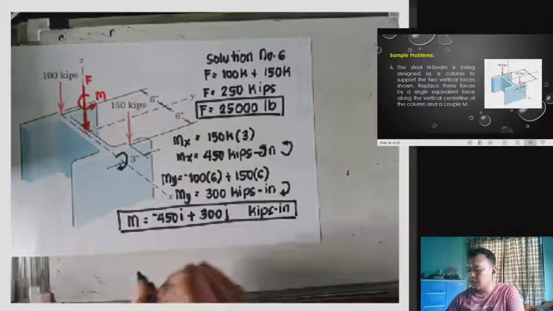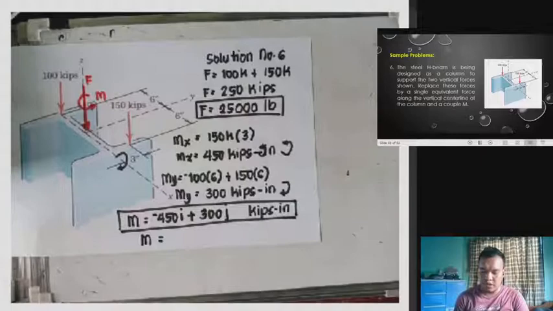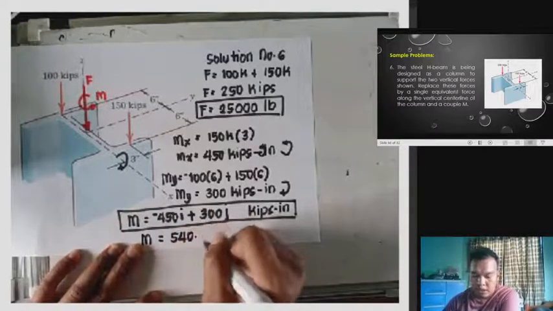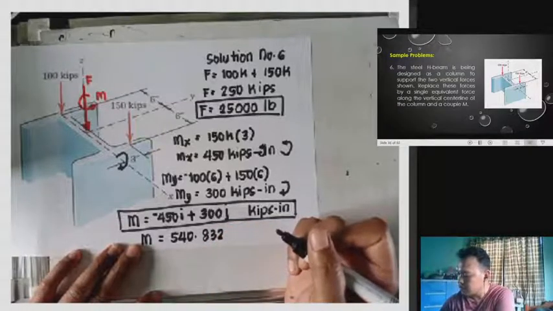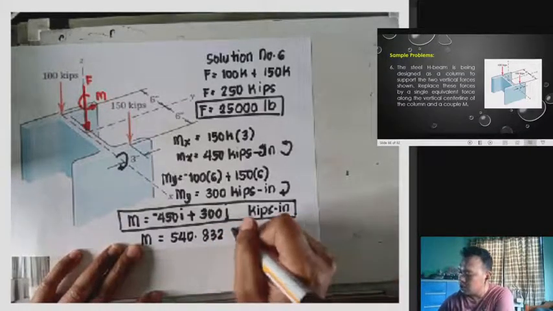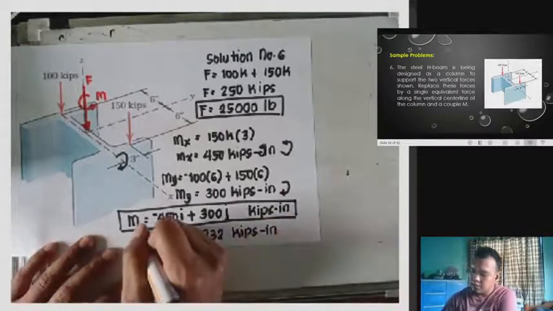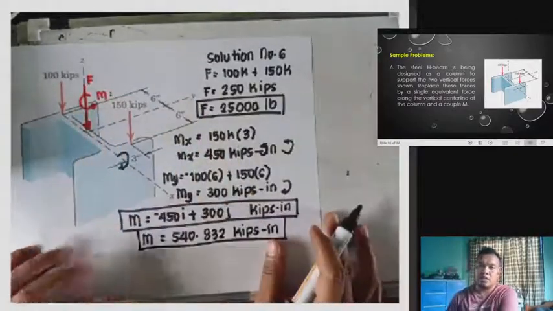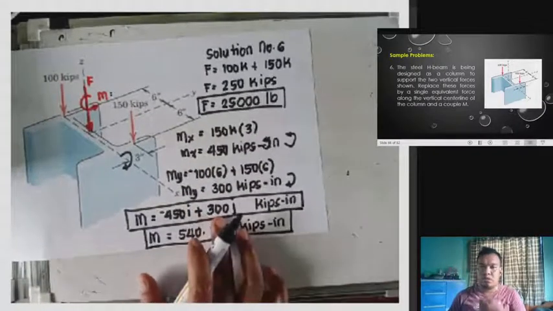So, pwede naman natin siyang i-solve into moment, which is equivalent kay square root ni 450 squared plus 300 squared. So, we have here 540.832 kips inch na moment. Okay. So, ito po yung actual moment na ilalagay natin dito. Kung sakaling yun yung hinihingi. Pero kung ang pinapahanap is component ng moment, ito po yung vector component niya. No?